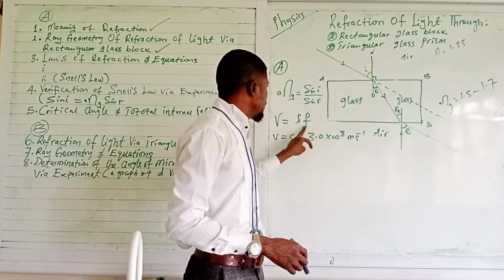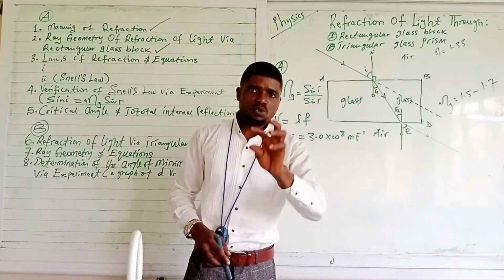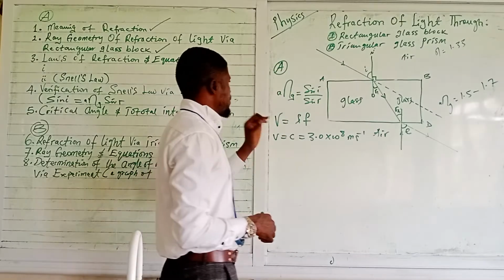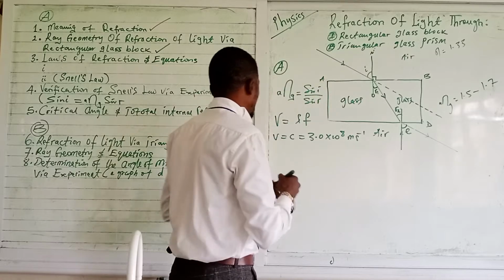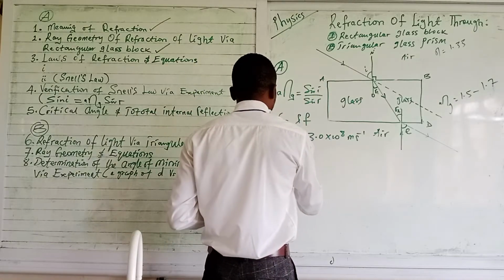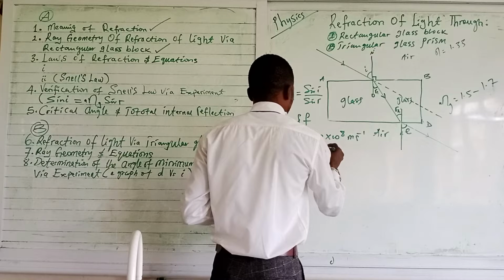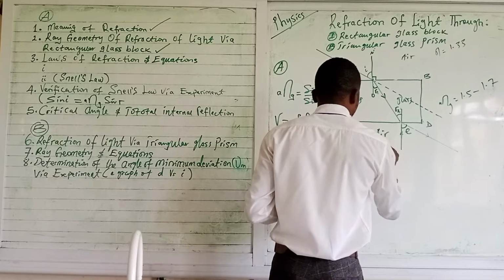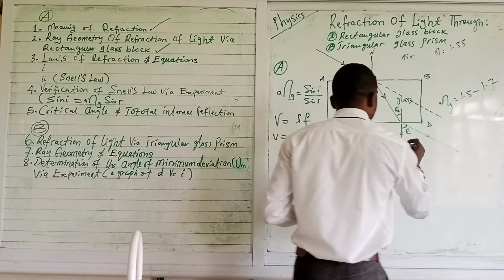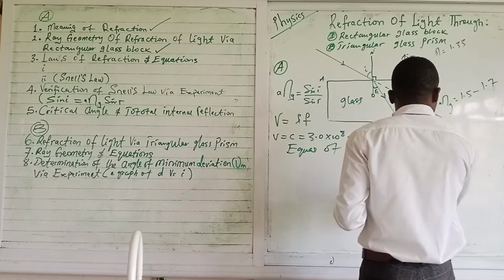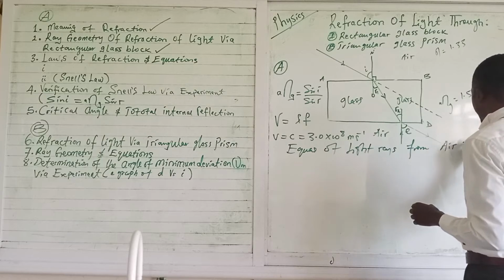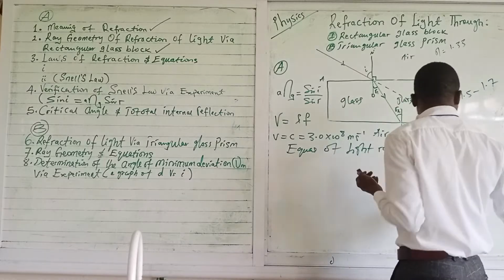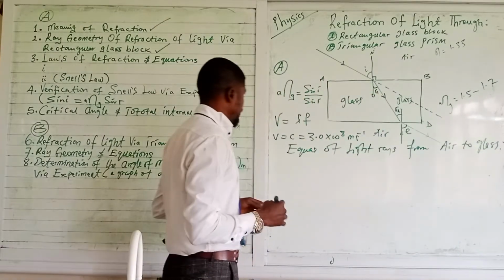However, the frequency will not change, it will remain constant. For this reason, we are free to say from Snell's law that the equations for light rays from air to glass are given as follows.